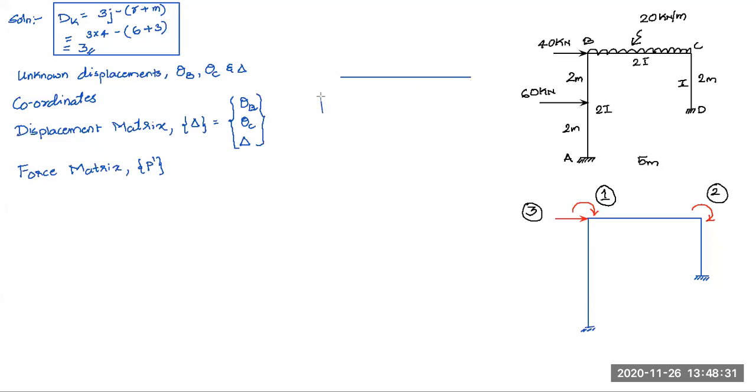Same for member AB, I'll make the two ends fixed, and also for member BC. So what happens once I do that? We have to calculate these fixed end moments. These will help in determining the elements of the P dash matrix. So can anyone calculate them and tell me what these values are?